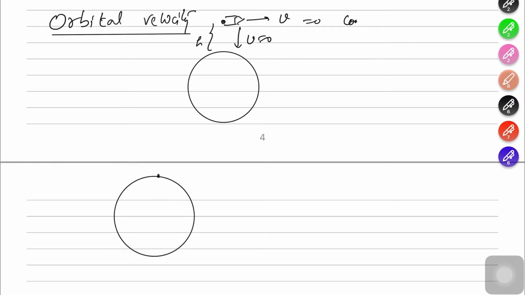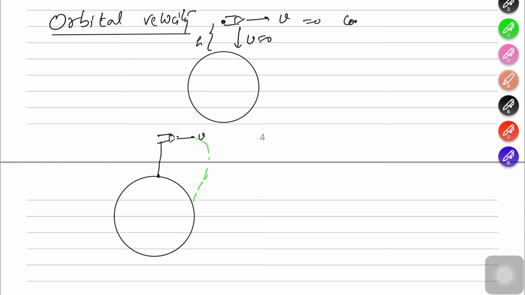let's say from some height we are projecting. If we have a velocity that is not 0, a little bit more, obviously it will try to move, try to rotate, but again it will come back and strike the Earth. So if projected with some horizontal velocity, it will fall back again and again.